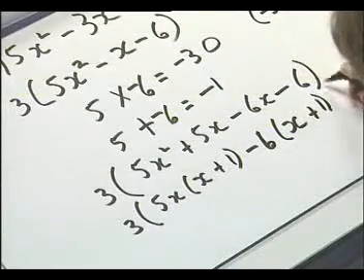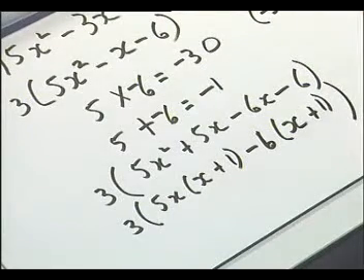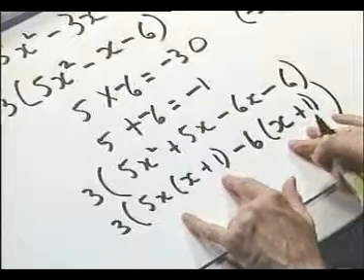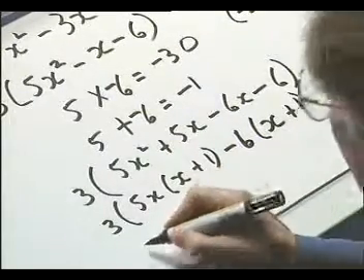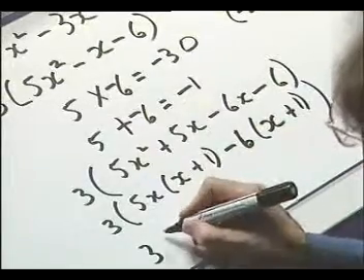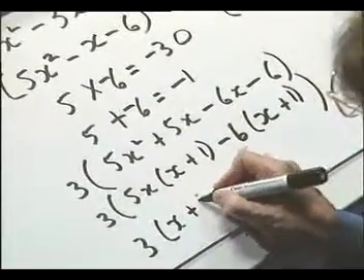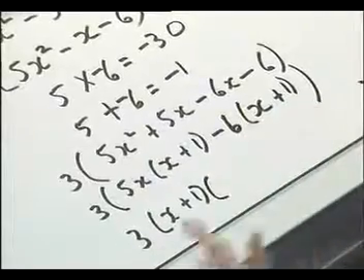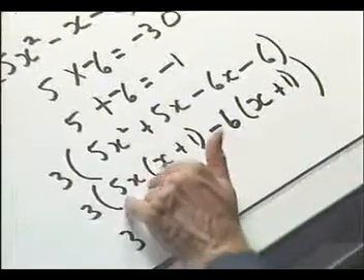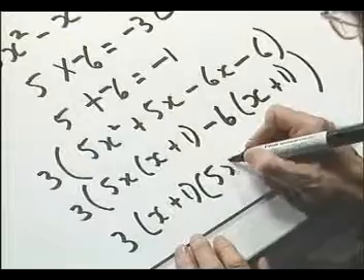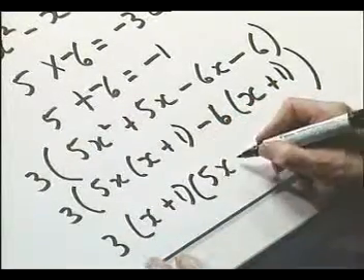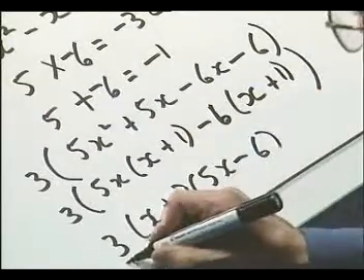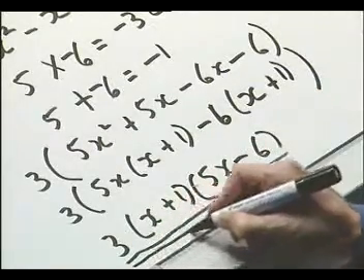And then I need to make sure I close the whole bracket with that big one there. Two lumps of algebra, each sharing this common factor of x plus 1. Let's take that out. 3 bracket x plus 1 times by, and the x plus 1 times 5x, and the x plus 1 also times minus 6. And so we've completed that factorization.